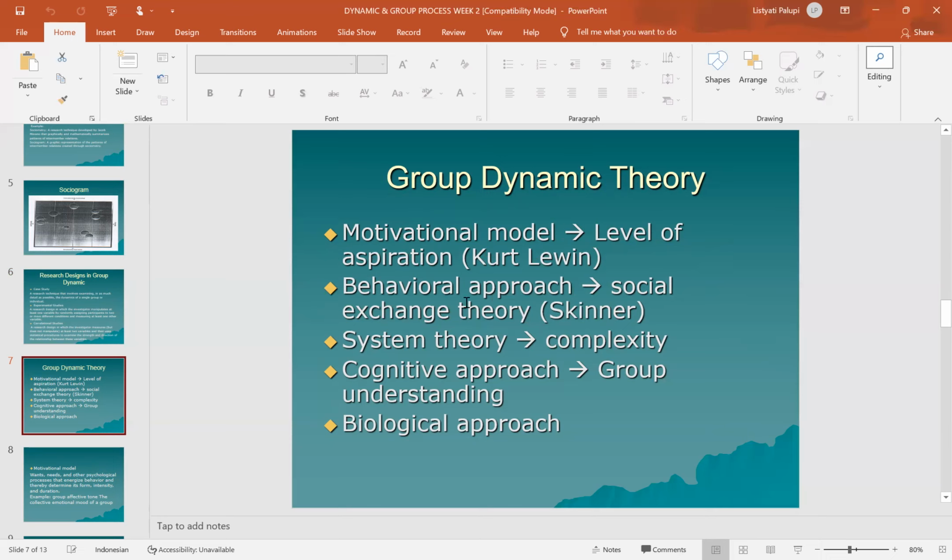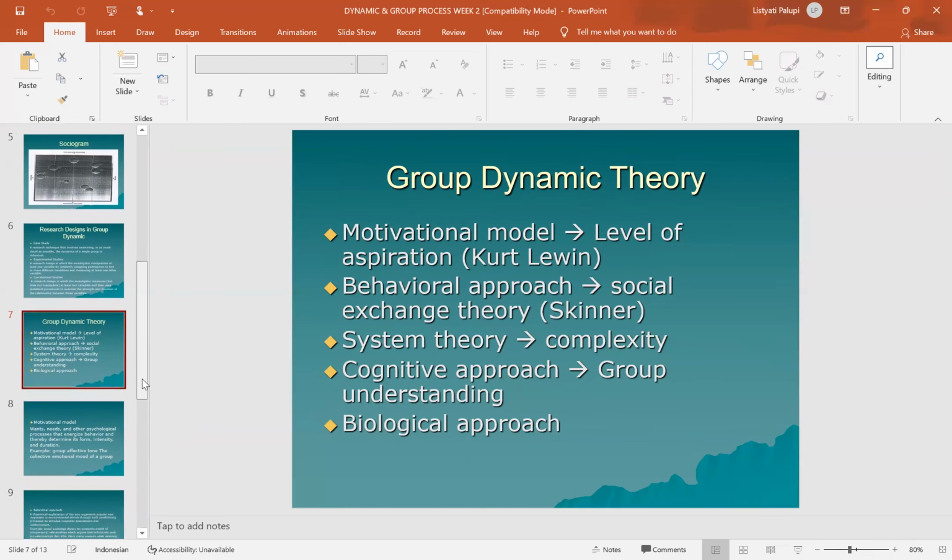The next perspective is systems theory. An example of a theory based on systems theory is complexity theory. The next perspective is the cognitive approach. The theory that discusses group understanding is an example of a theory that applies the cognitive approach. And the last perspective is the biological approach. So we are going to discuss each of the perspectives.